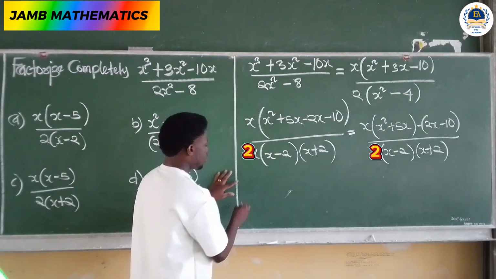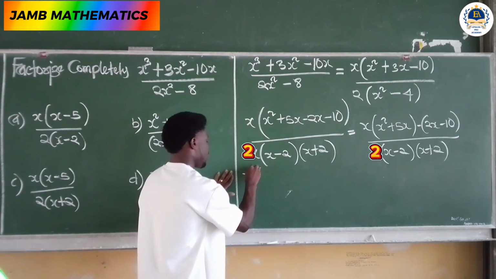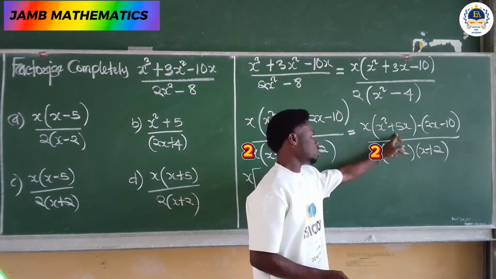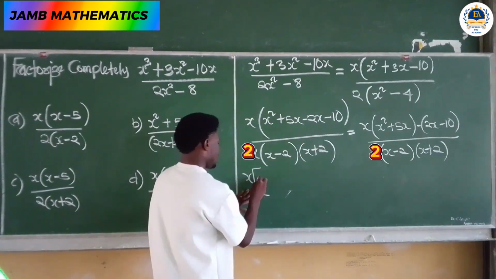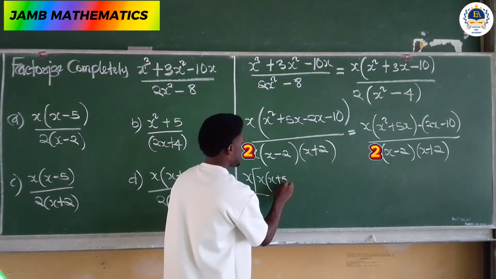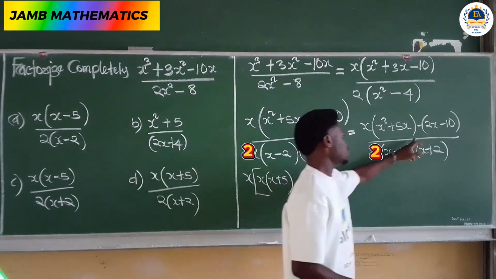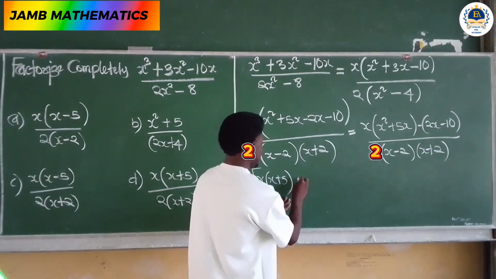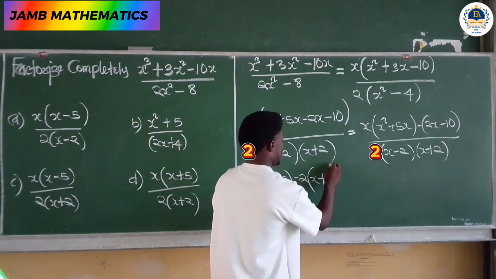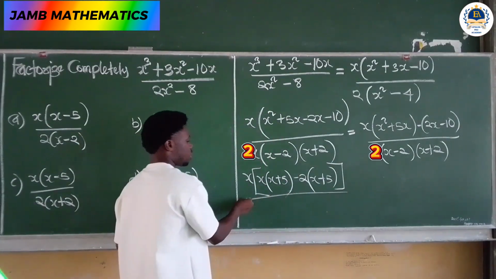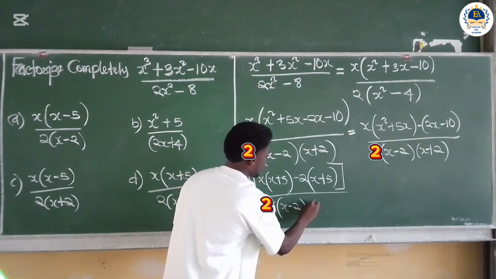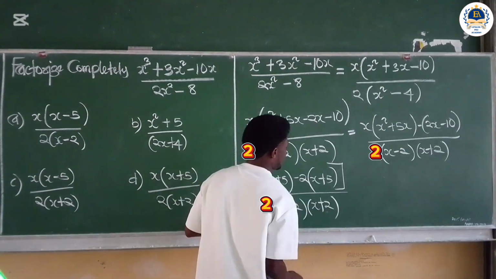From the numerator, we have x. To factorize the quadratic, we obtain x into x plus 5, and minus 2 into x plus 5, all divided by, in parentheses, x minus 2 and x plus 2.